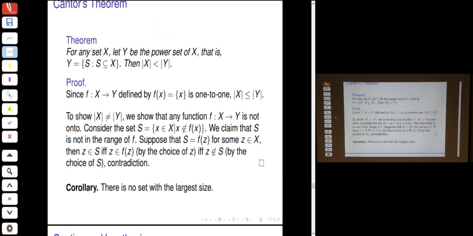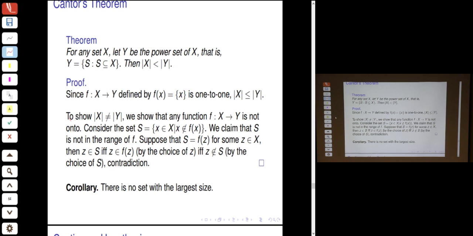Let's recap this. Let me repeat the five lines. We want to show there's no match. We want to show the power set is bigger than the original set. So we show any function from X to Y is not onto. You'll miss something.